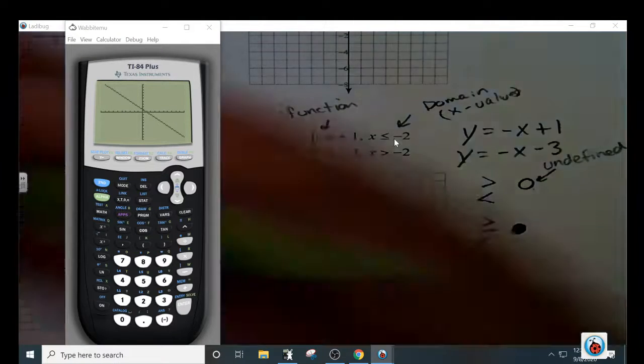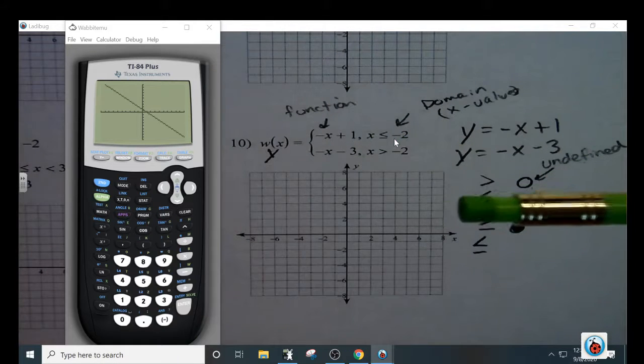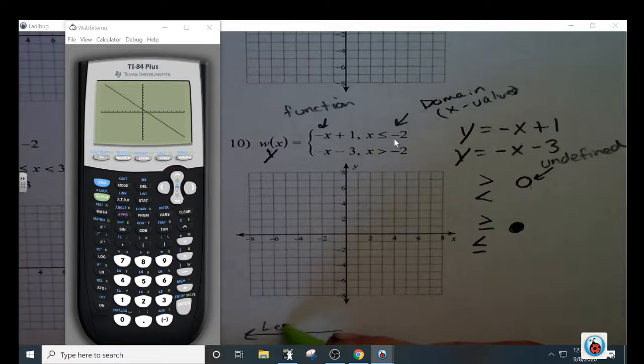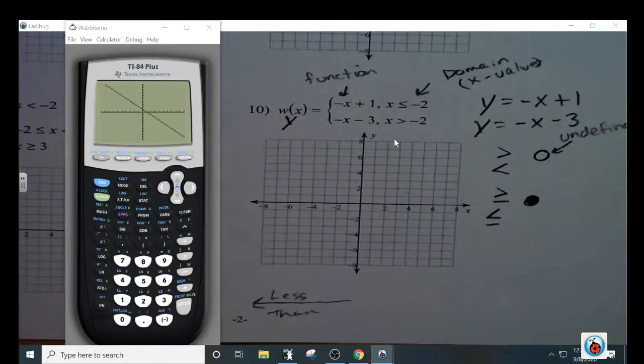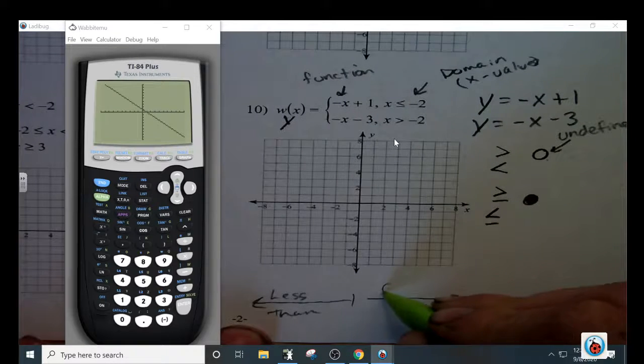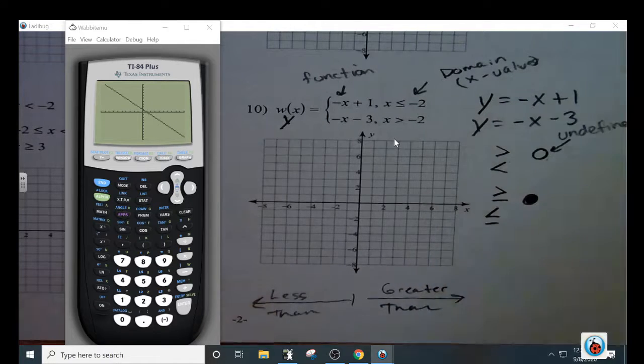Now, guys, if x values are less than negative 2, is my line going to be going to the left or to the right if it's less than negative 2? Less than is always to the left, right? Greater than is always to the right.